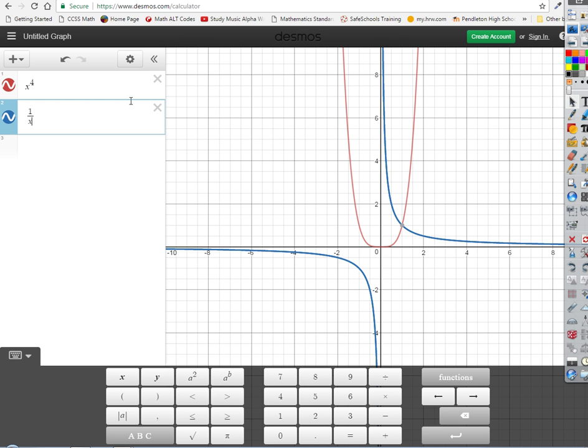But let's have a little more advanced conversation about the domain. Let's not purely look at the graph like we did at the start of the year. Why is it, if I take those two functions and we want to find the domain, that the blue one has an asymptote at x equals 0? It can never get there. The ant runs up against this wall, but the red one doesn't.